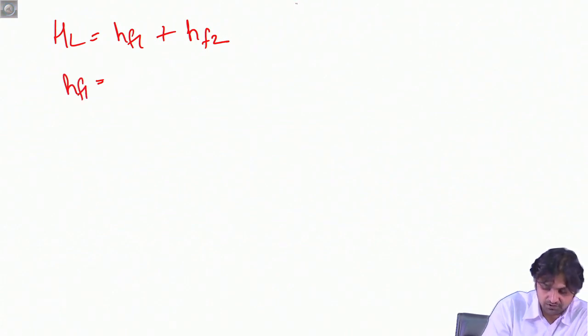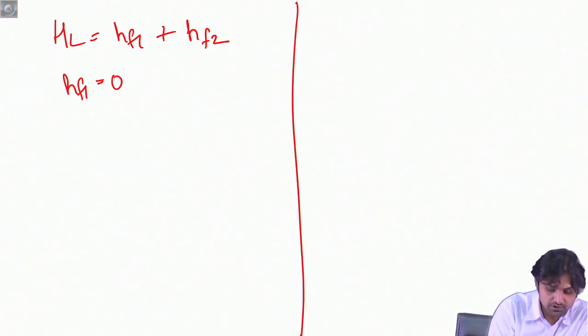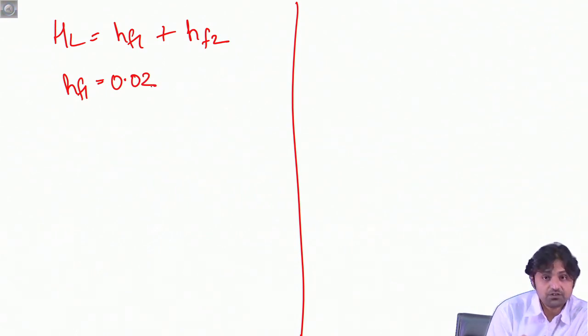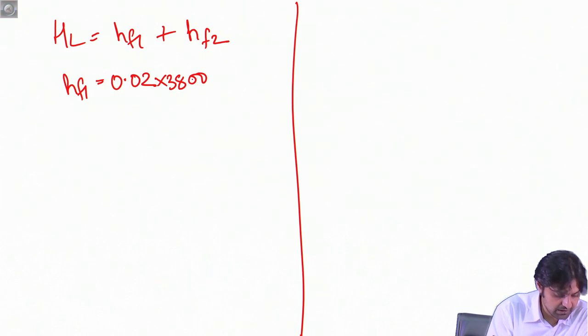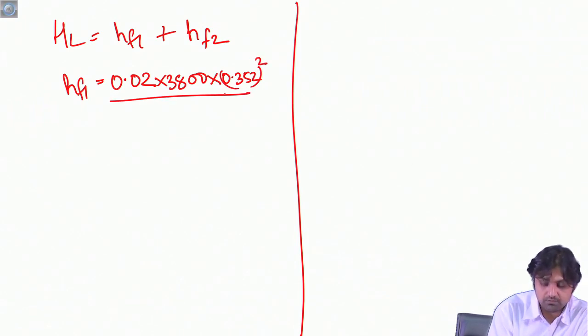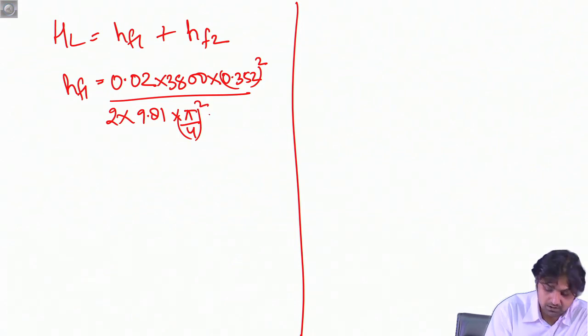It is the major loss, right, and that is going to be 0.02, that is already given, into the length which was 3800 into 0.352 whole square, because that is the velocity, divided by 2 into 9.81 into (pi by 4) whole square into 0.6 to the power 5, and this comes on calculation as 10 meter.